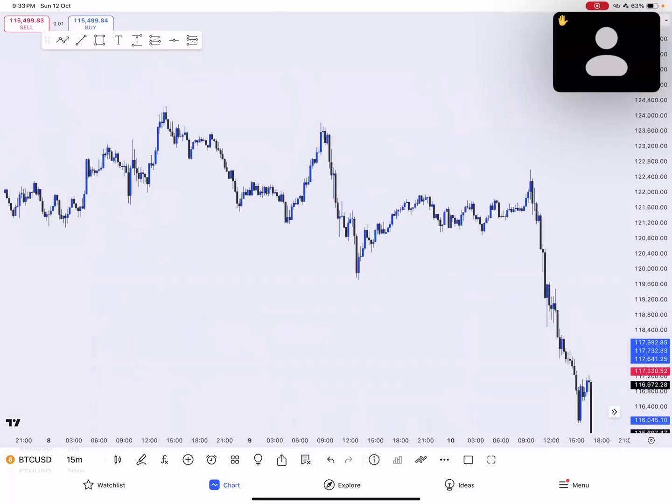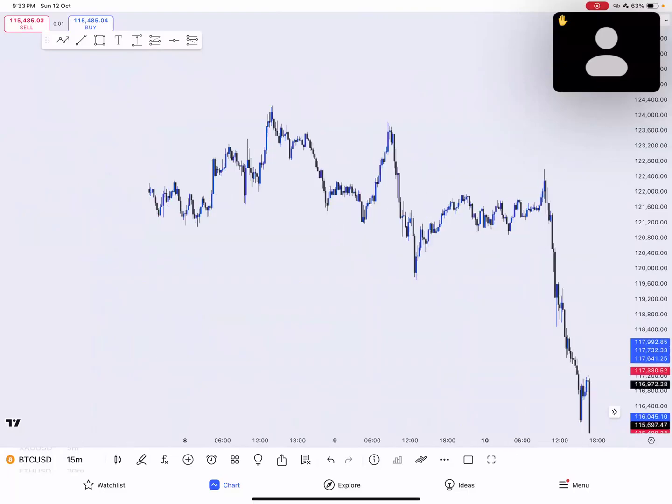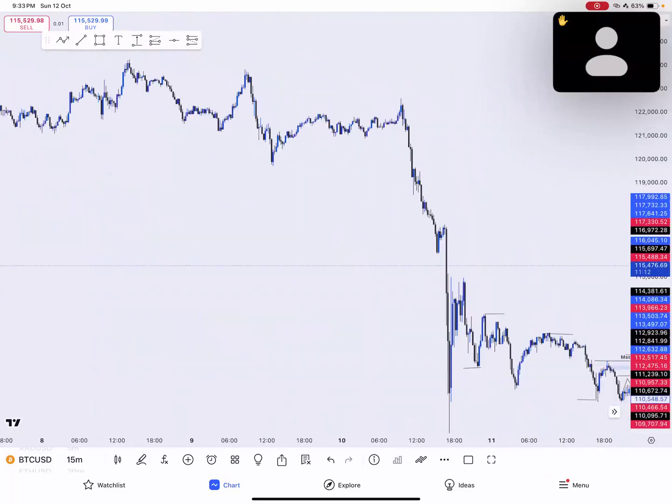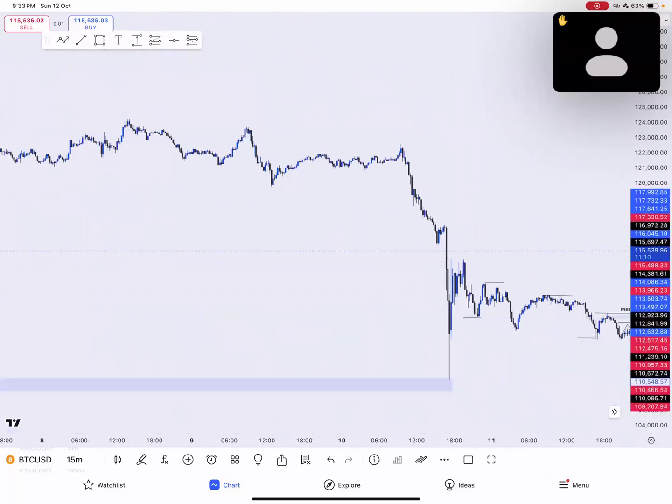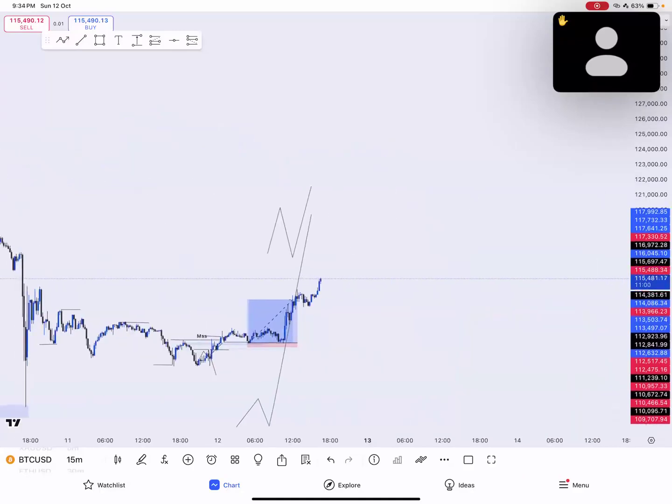For example, if someone took a sell from this level, and maybe got another continuation from this OB here, we don't really have any opportunity to take more sells from this drop that happened from here to here. So it does not mean that every breaker you pick is going to work. But you can try. If it works, fine. But if it does not, then it's bad luck.